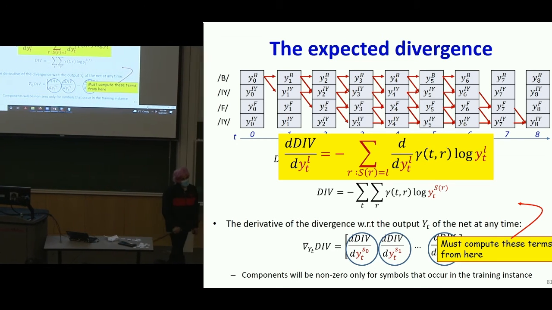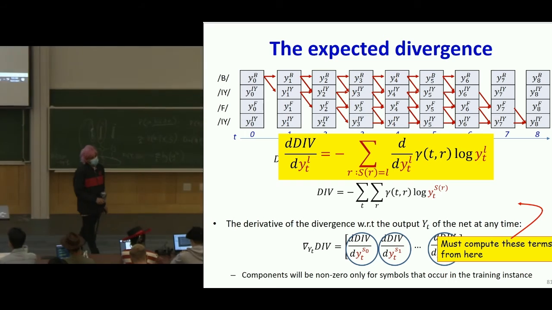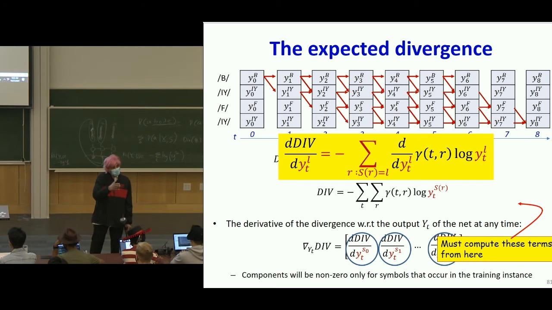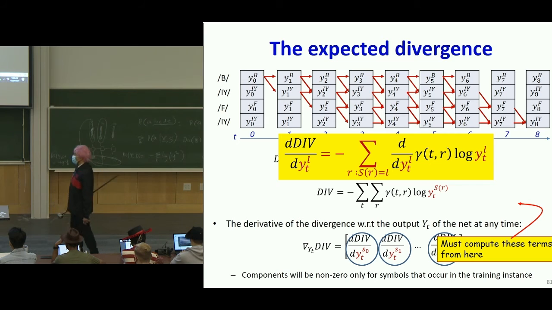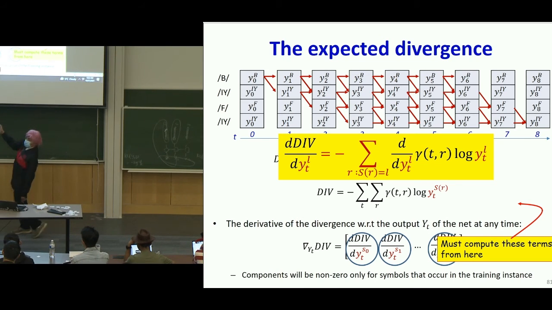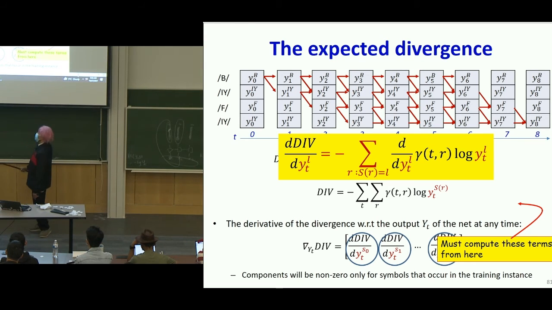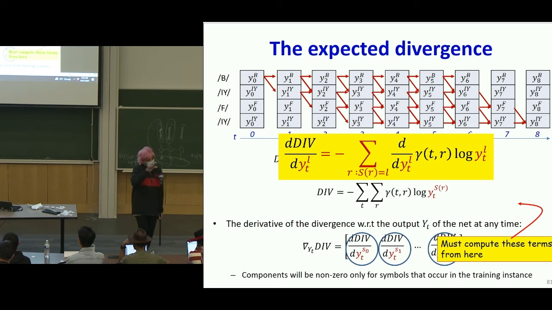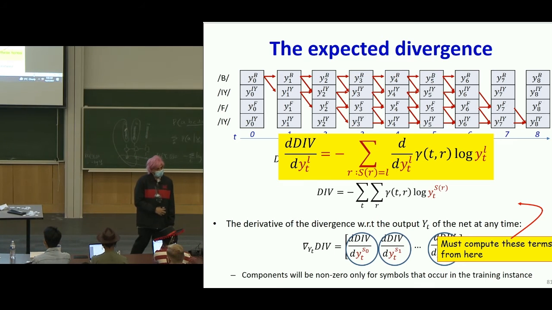And so when I compute the derivative, all I'm really doing is, remember, this row vector represents the derivative of the divergence with respect to the probabilities assigned to each of my symbols, right? So for any specific symbol, I'll just sum over all the rows in my table that include that symbol, and the term I'm summing is going to be the derivative of the product of gamma and the log probability assigned to the symbol in that node.